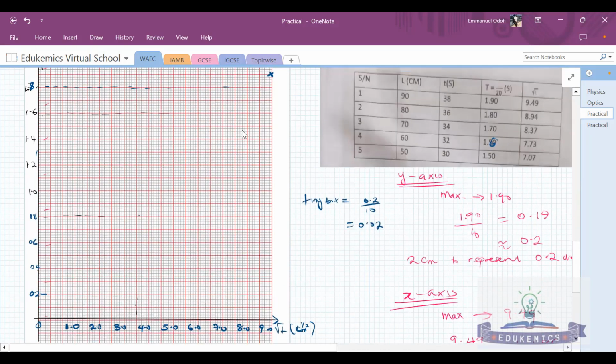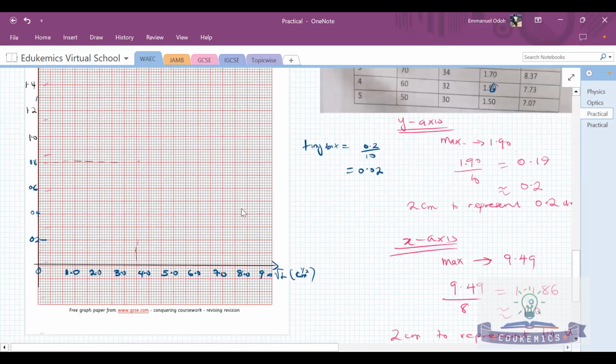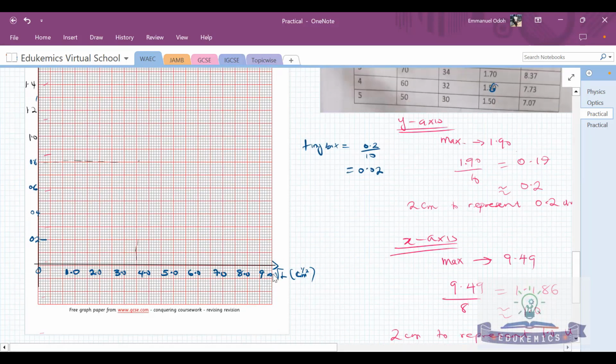So 8.94, 8.9, somewhere like this. So the first one.